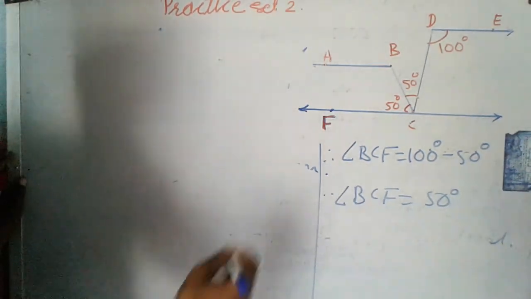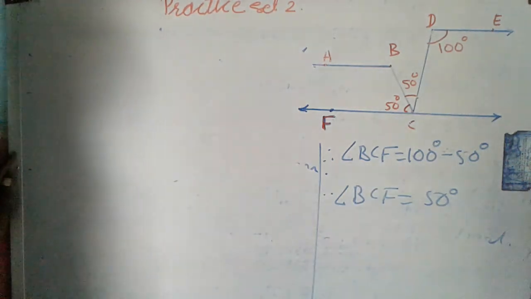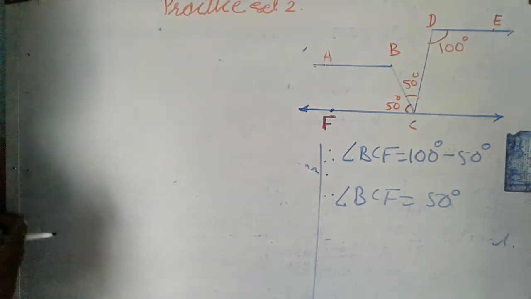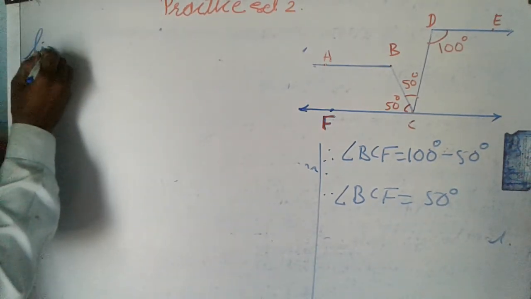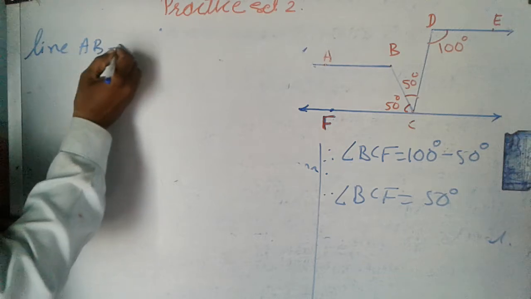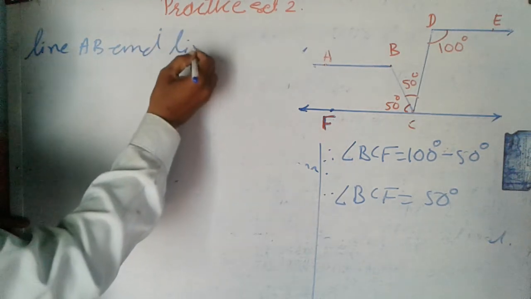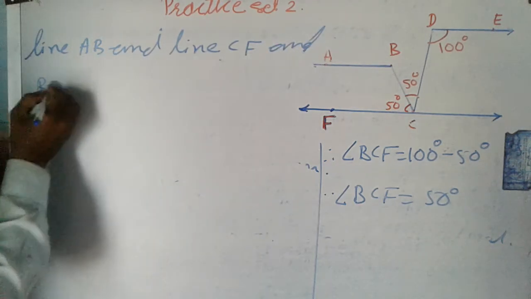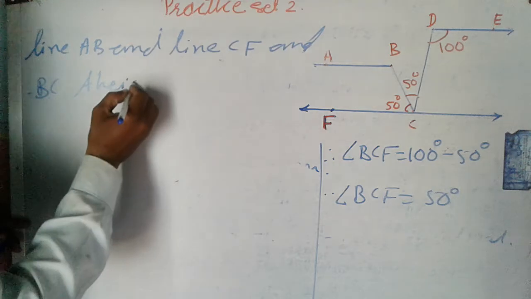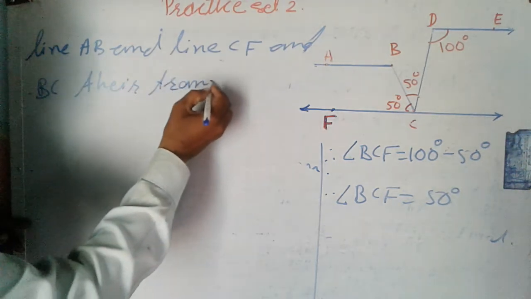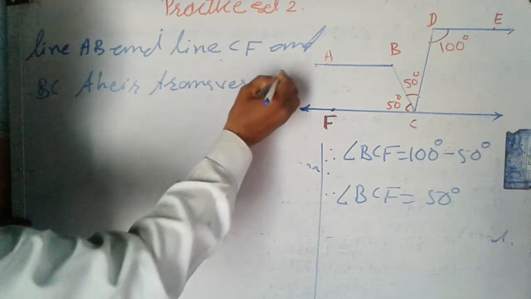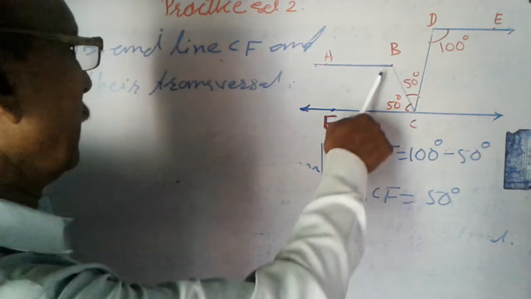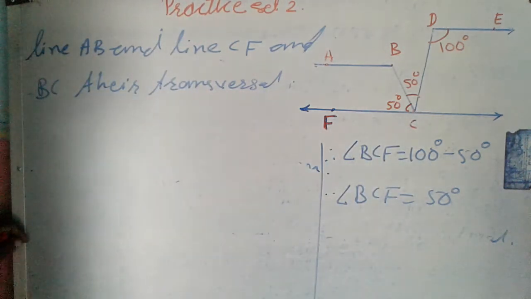Now consider these two lines, line AB and line CF, and BC is the transversal. Due to this transversal, angle ABC and angle BCF are a pair of interior angles.